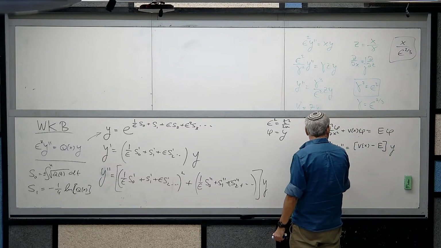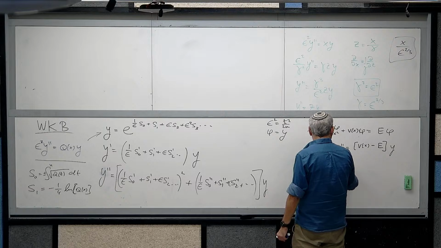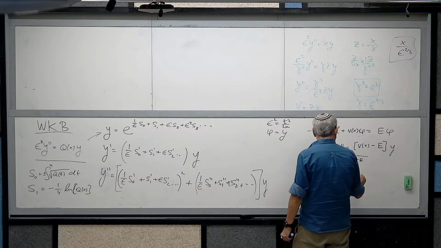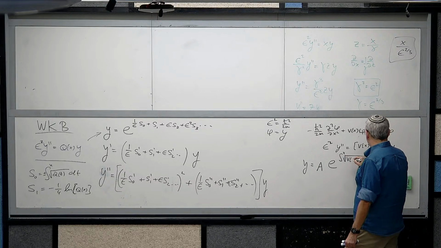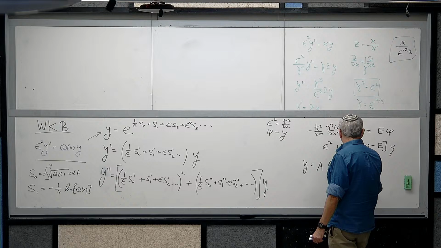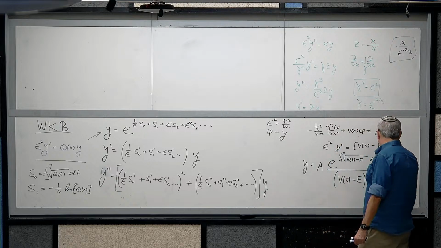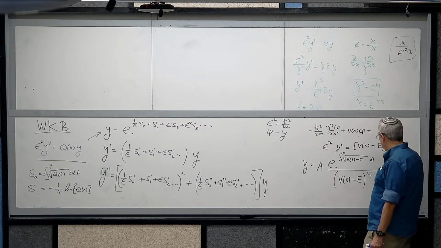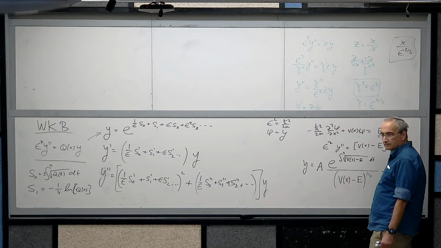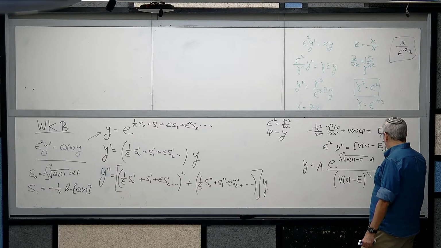And the WKB solution will be y is a times e to the 1 over epsilon times the integral up to x of the square root of v of t minus e, over v of x minus e to the power of 1/4, plus b e to the minus the integral over the square root, divided by the same thing.